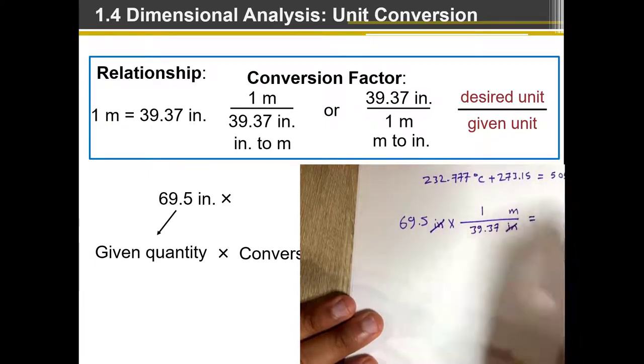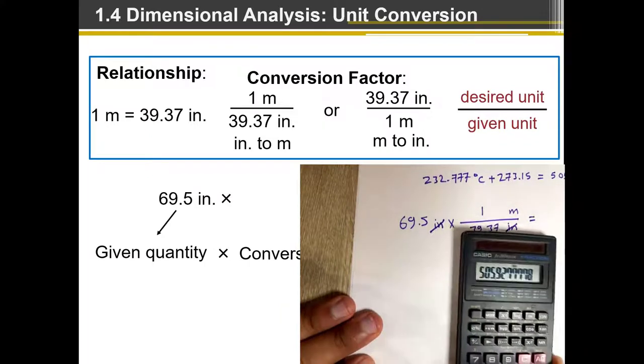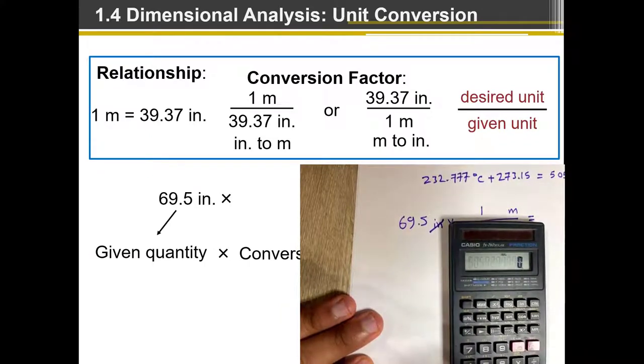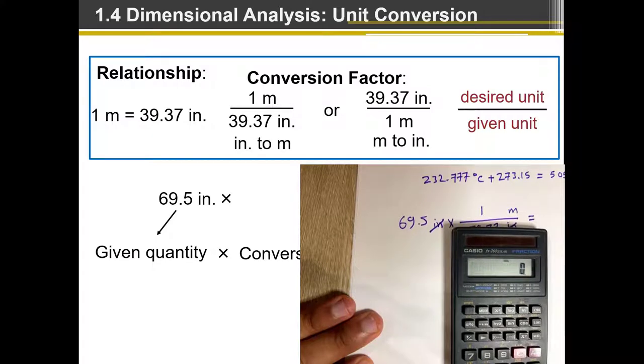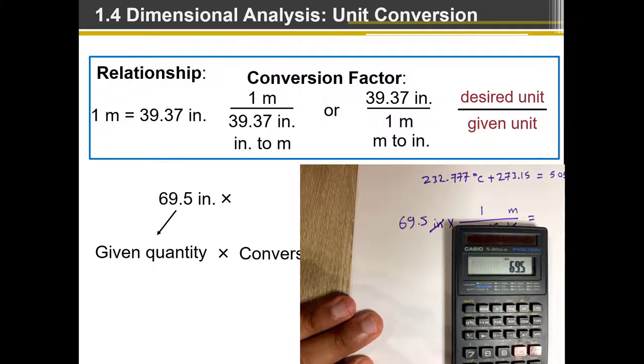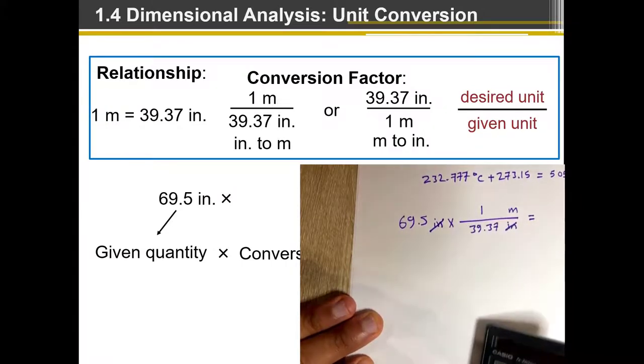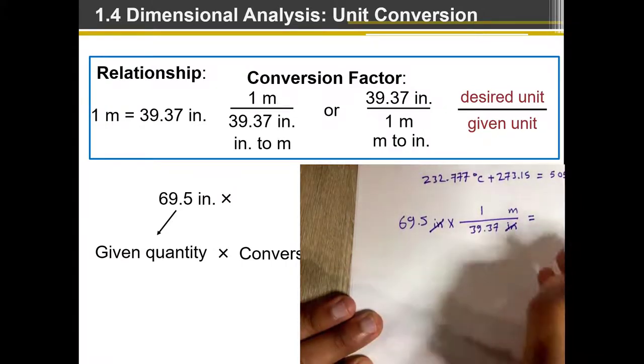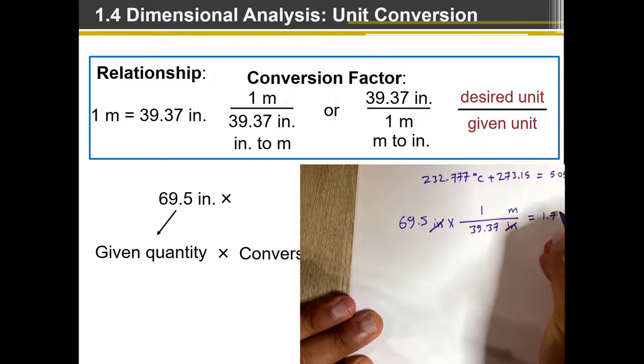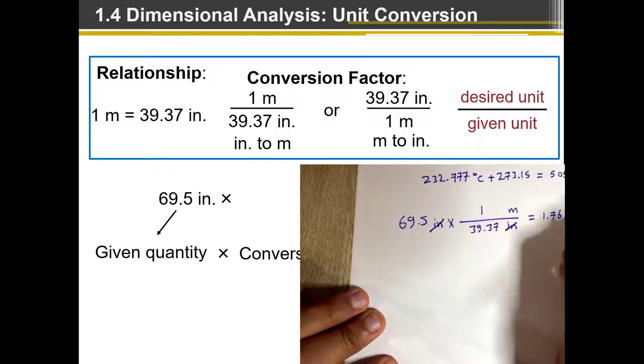Again, we'll use a calculator and you will type 69.5 times 1 divided by 39.37. So it's going to equal 1.76 meters.